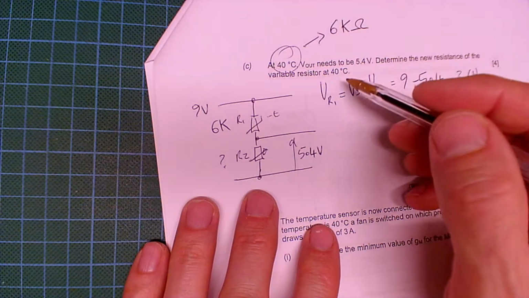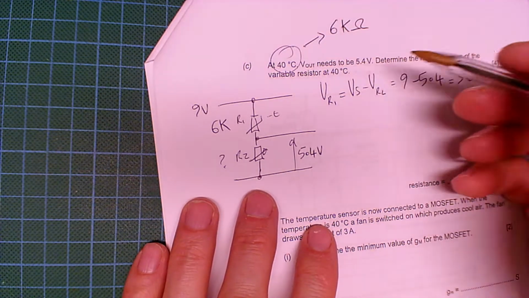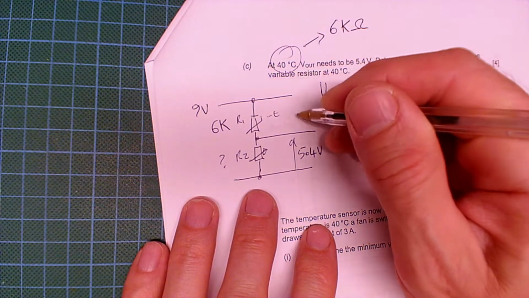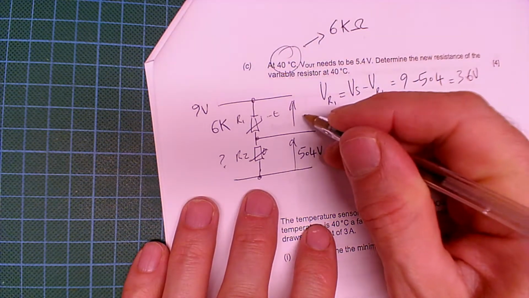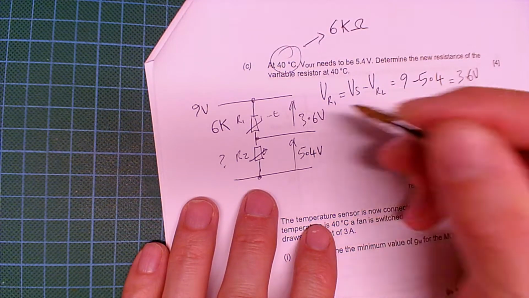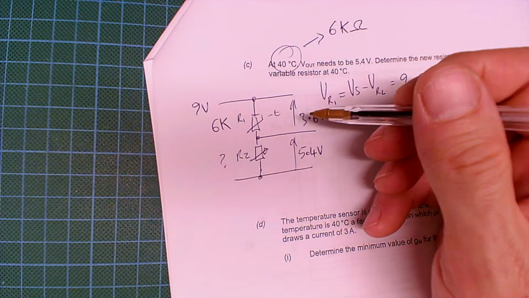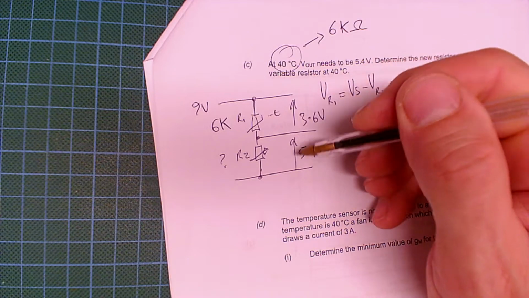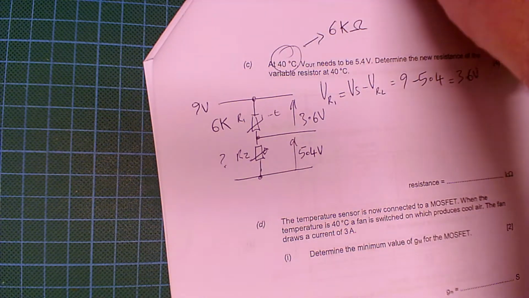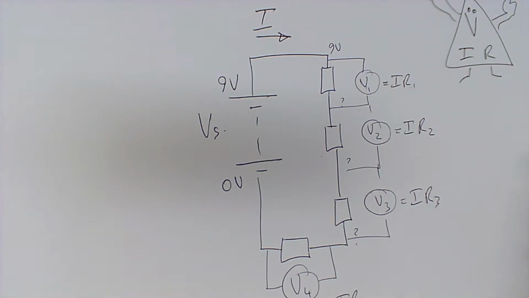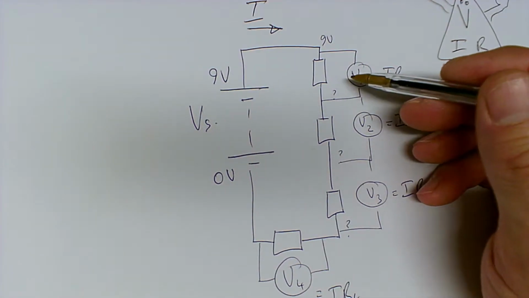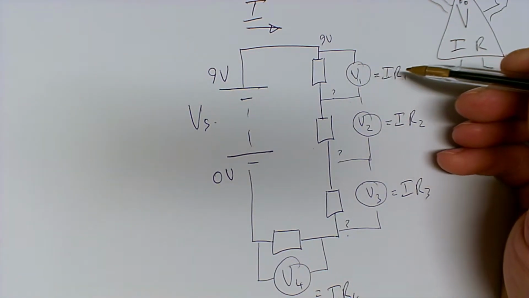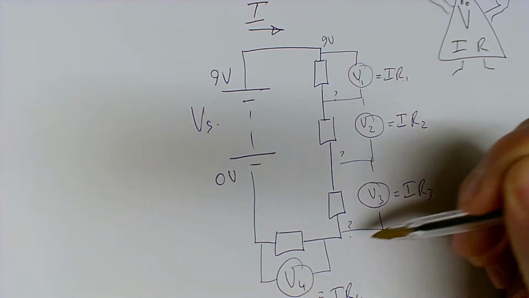It's very nice if you explain how you're doing it rather than just come up with a number. Okay, but if you did magically come up with 3.6, I think we can assume we understand how you've got that. So we've now got 2 voltage drops in the circuit, and hopefully, if you were listening earlier, you'll understand that the voltage drops are always going to be in proportion to the resistances as well.